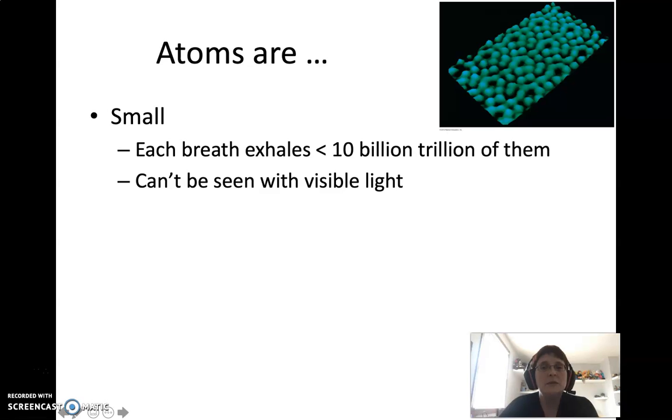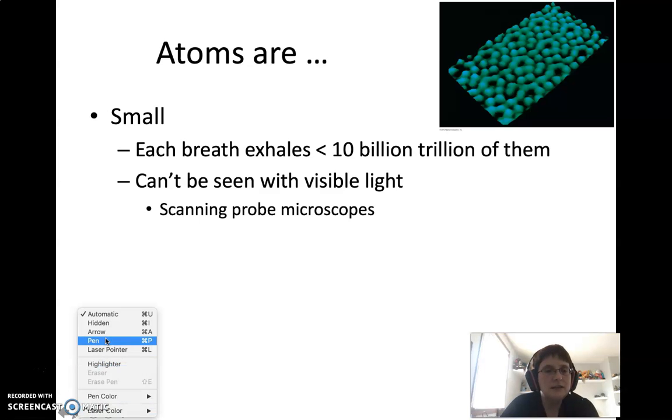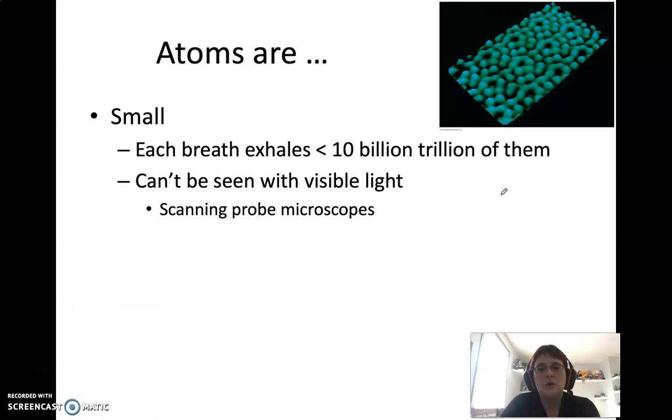So in order to be able to see atoms, like in the picture that you see up here, we have to use what we call a scanning probe microscope. The way scanning probe microscopes work, I figured out how to do this today. If you're familiar with a record player, you've got a section out here that would have the little needle on it. This is the part that you would set on the record. And then it's got an arm that comes back.